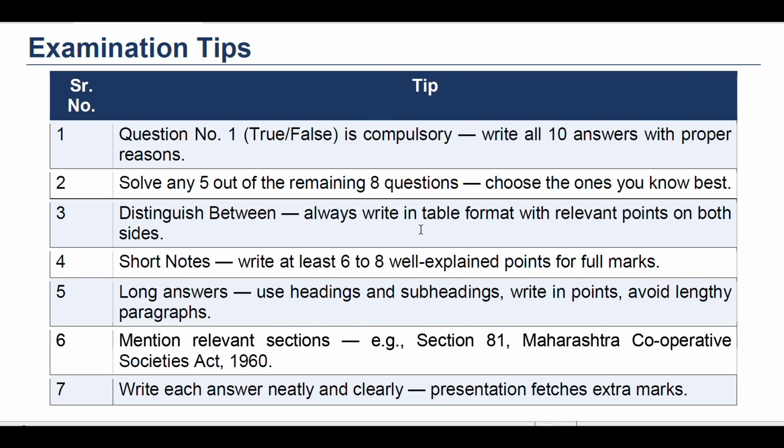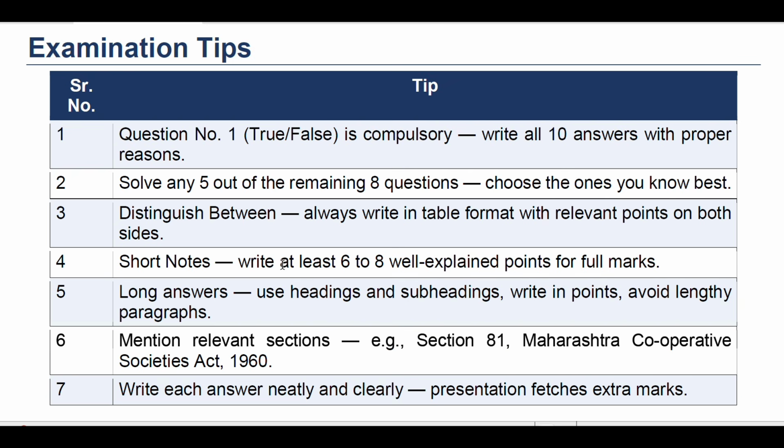For all distinguish between questions, you can write the meaning, example and features. These 3 points you must write, and other points also. Make sure for distinguishing between, you write at least 6 points.